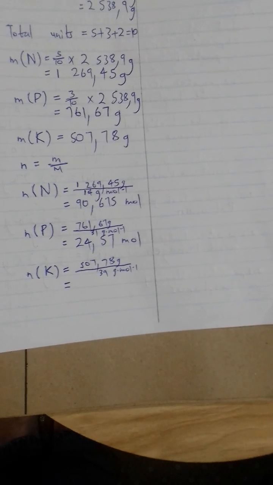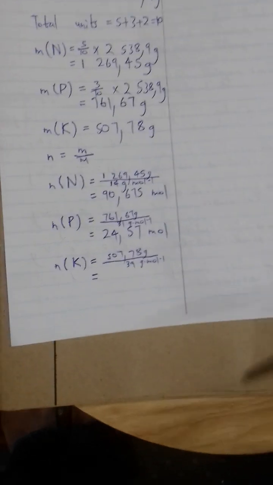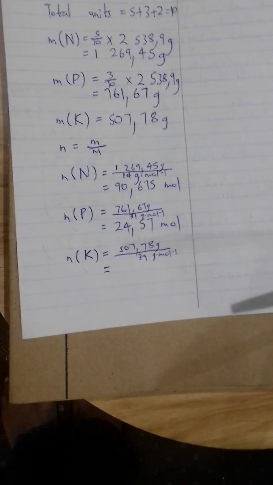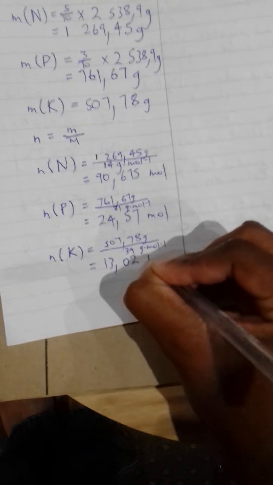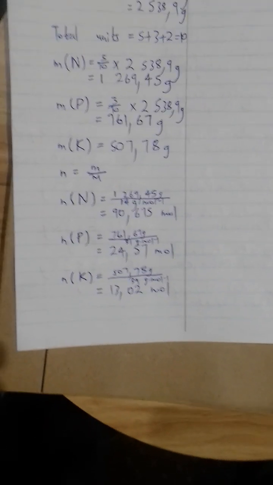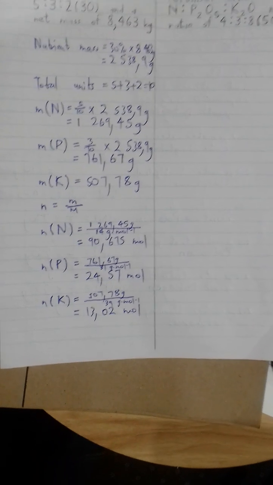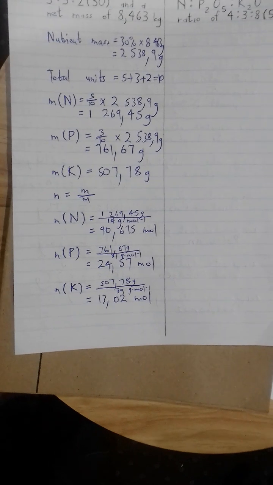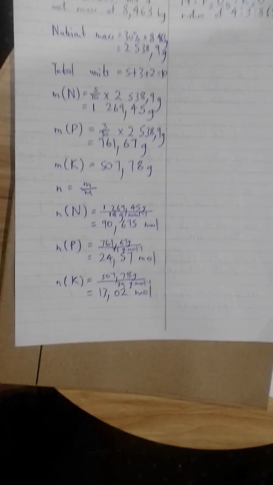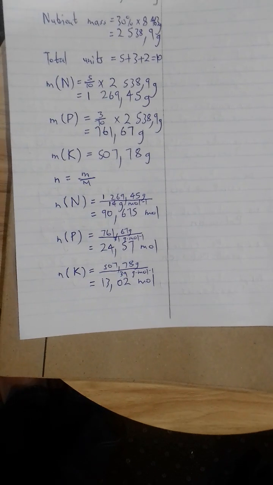I'm getting a long number. 507,78. Sorry, I inserted 75 on my calculator. Or 13,02. Okay, you can leave your answer like that. That would still be acceptable. Or you can round it up. You can say 91 is to 25 is to 13. That will still be acceptable.